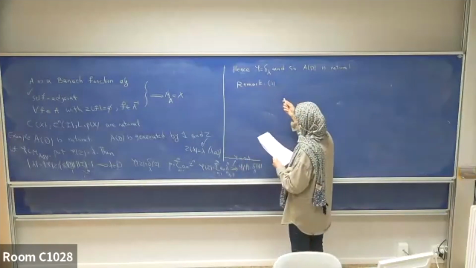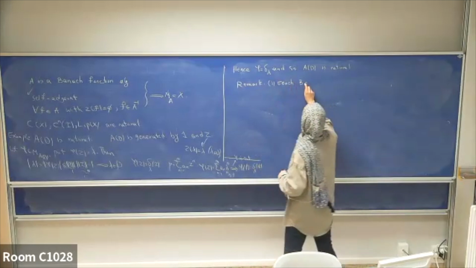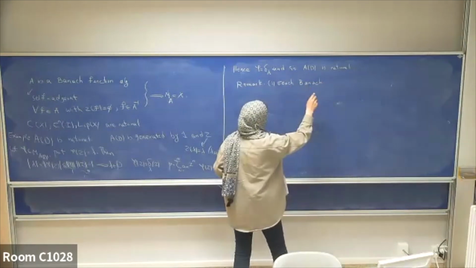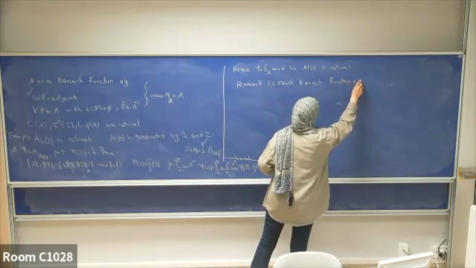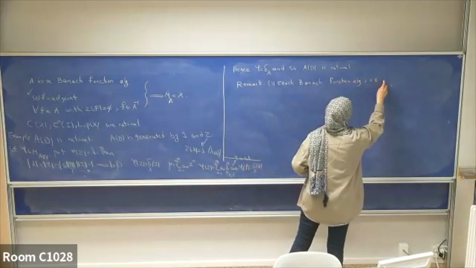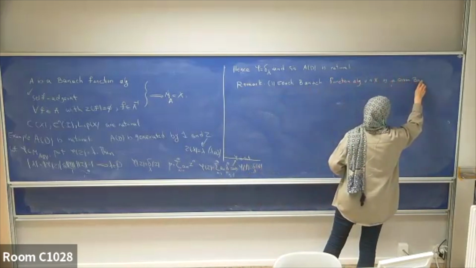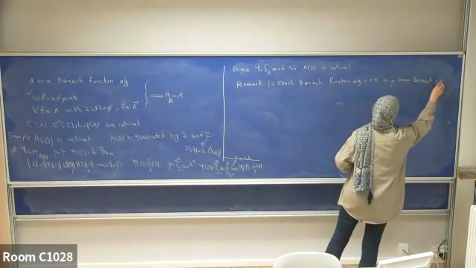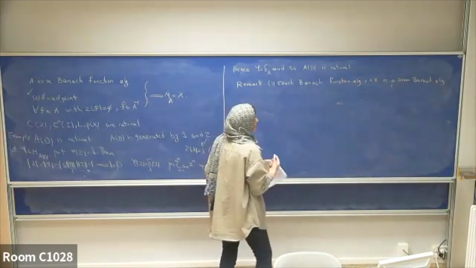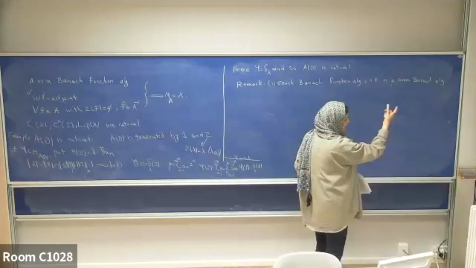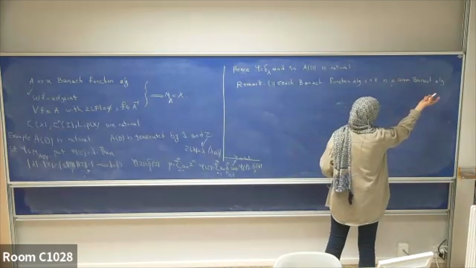The first one: each Banach function algebra on X is a commutative Banach algebra. It's trivial that it is commutative, because we have pointwise operations, and it's Banach, of course.